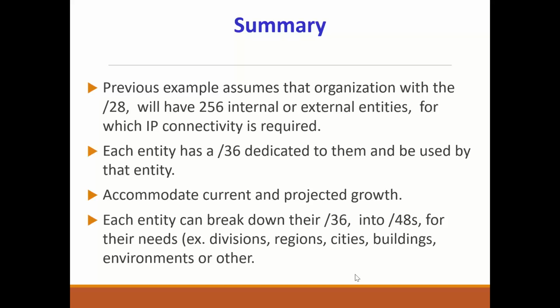And our goal is that that's going to accommodate everything that we have currently and any projected growth. So then each of these /36 entities, and again, we don't know yet whether that is a city, a country, a division, etc., we'll break it down into /48s because that was the recommendation, I believe, of Rule 1. So that's kind of where we're at.